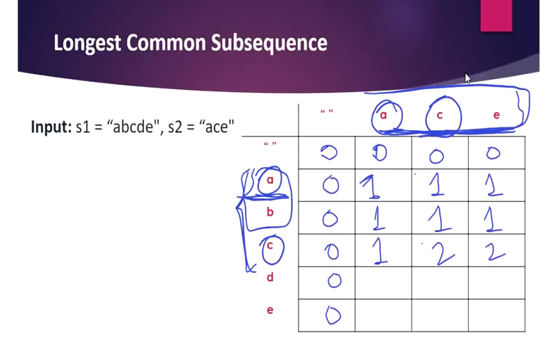For example, if you consider, they are just going to fill the values by comparing the characters. If there is a character match, then we add 1 to the previous step. If not, the previous step value still stays. Why? Because this is our previous step.